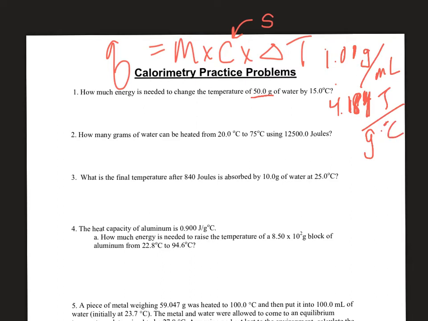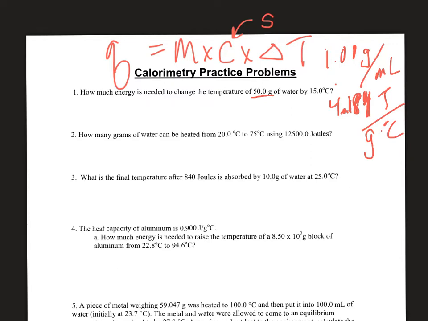Some problems will give you a slightly different value if it is a solution and not pure water. Use the value they give you, but if you're not given any value, even if it's an aqueous solution and you have nothing else to do, go with 4.184.